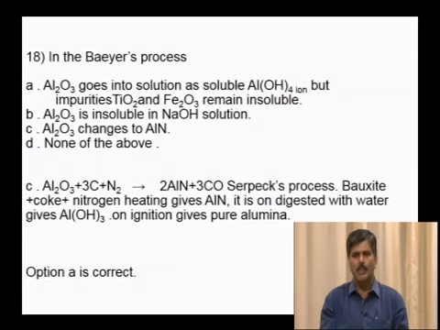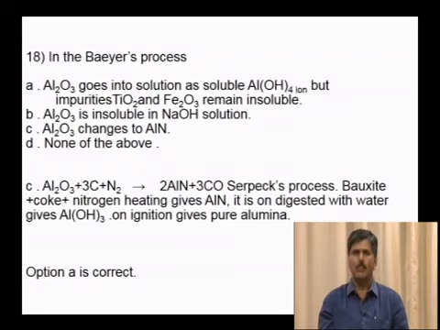Bayer's process is used to purify the ore of aluminum, that is bauxite, Al2O3.2H2O. In Bayer's method, the concentrated ore is leached with a strong aqueous solution of sodium hydroxide under high pressure and at high temperature. It also contains impurities SiO2, TiO2, Fe2O3.